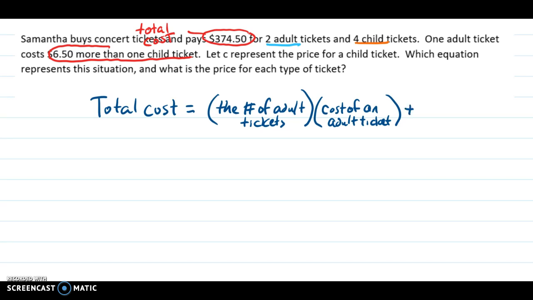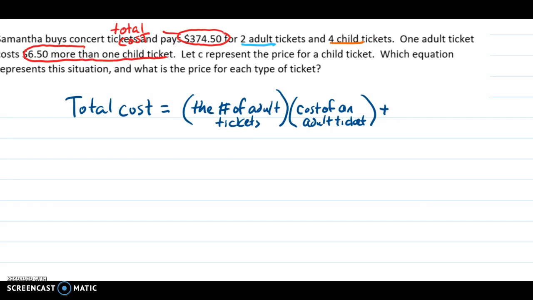And then we have to do the same thing for the children's tickets. So it's the number of child tickets and then the cost of a child's ticket.